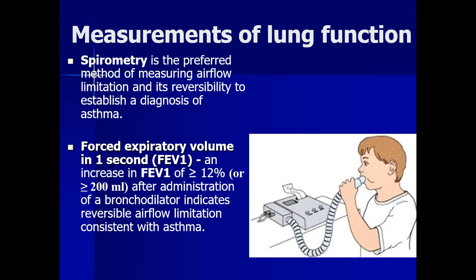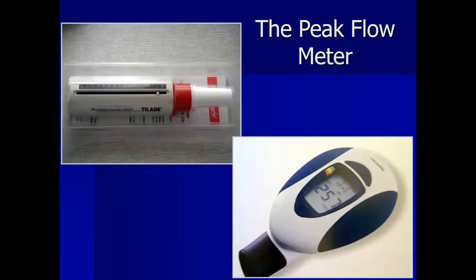Forced expiratory volume in 1 second, FEV1: an increase of 20% or 200 milliliters after administration of a bronchodilator indicates reversible airflow limitation consistent with asthma.